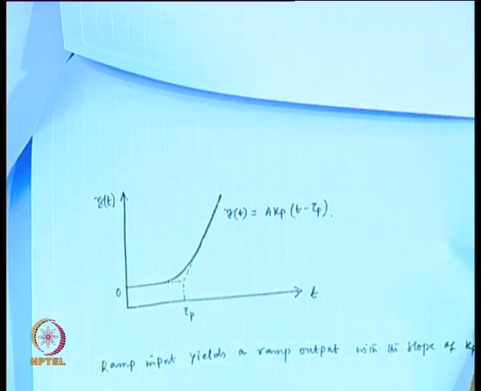Next, we will consider the purely capacitive process, dynamic behavior of a pure capacitive process. This is the dynamic behavior of the first order system considering ramp input.